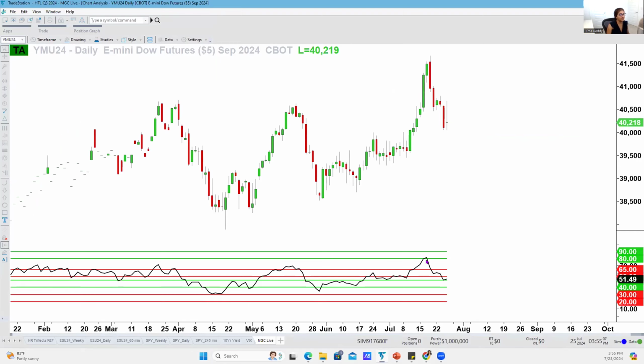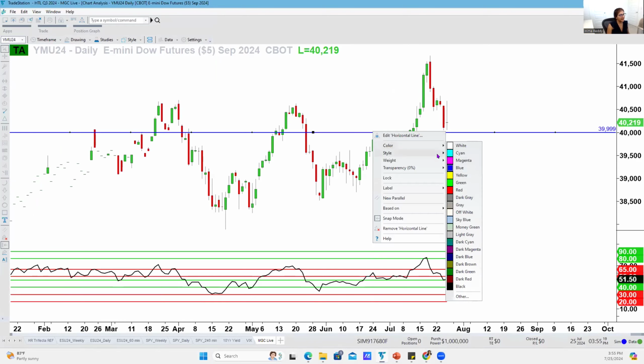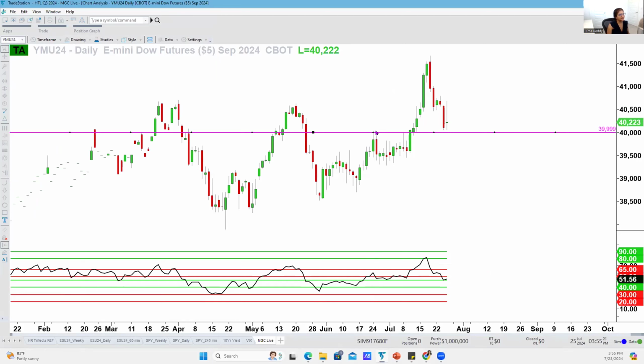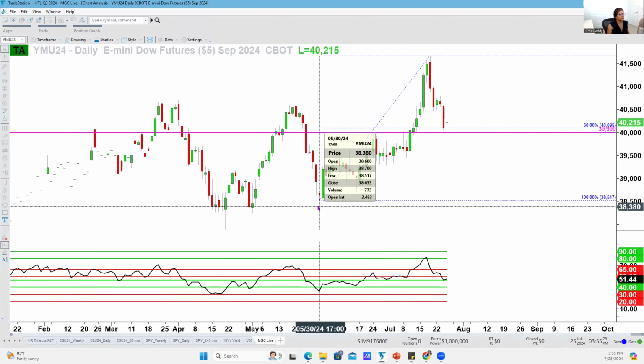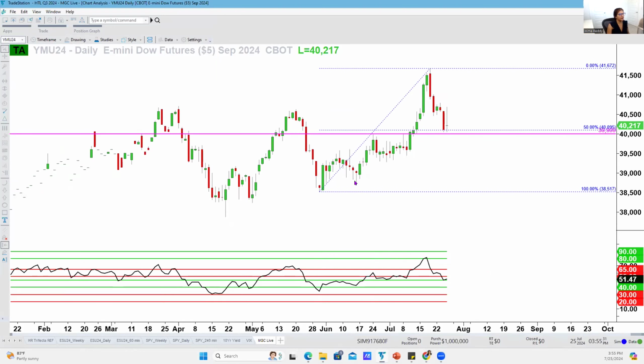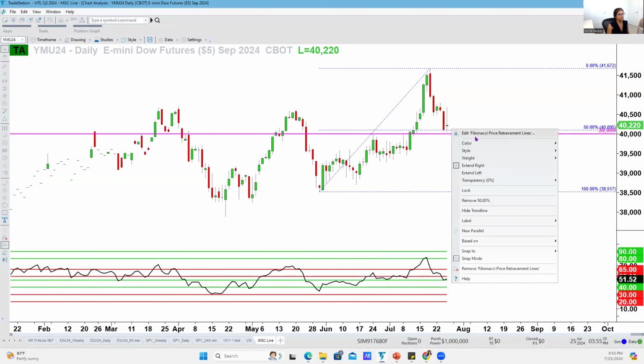Look at how beautifully it peaked in the bull resistance power zone. Awesome, right? And then started backing off. We have a support here at 39,999, this old top. And I'm going to look at this entire move from last year, or not last year, but from May, and we've retraced 50%.